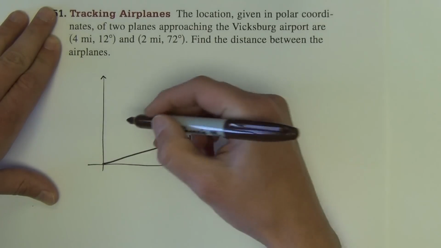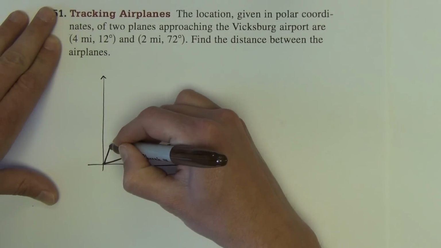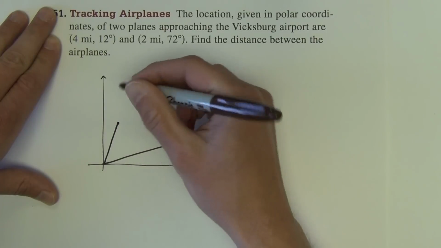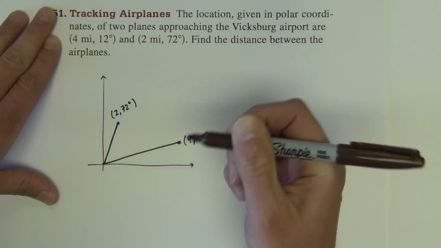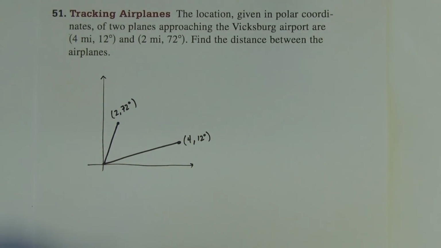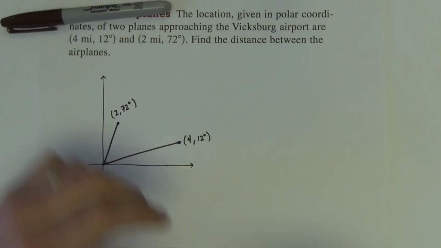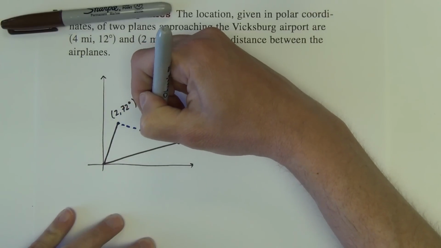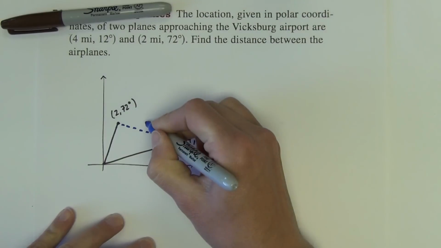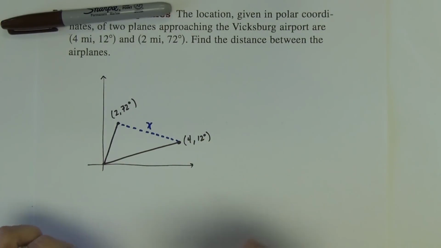And 2 miles, 72 degrees, that's maybe about here. Okay, what I want to know is the distance between the airplanes. We're trying to find this distance, called x.